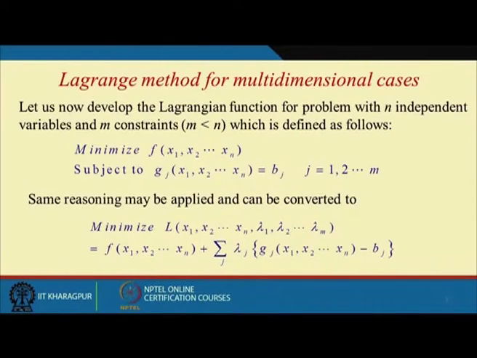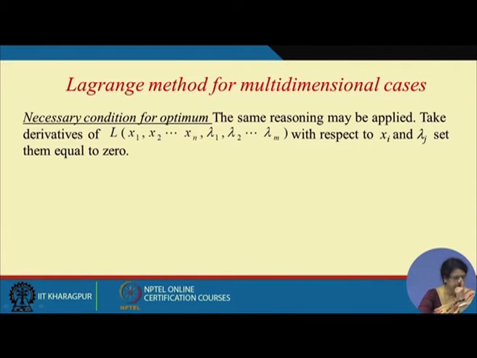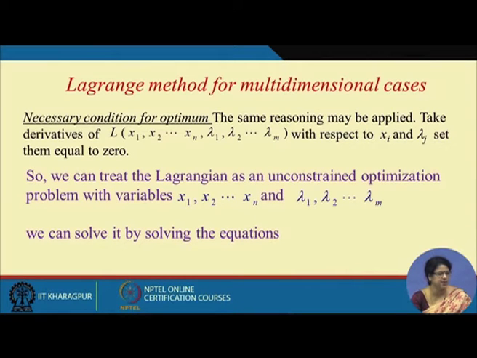Okay, let us do minimization of L with m plus n variables. That is all. There is no other change; we only have the summation of all lambda j times (g j minus b j). And here also we can say the same thing. The necessary condition would be that the grad of L must be equal to 0. From there we will get the necessary conditions.